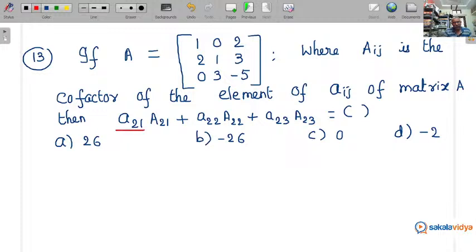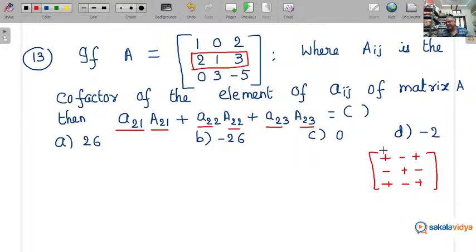So a21 into capital A21, a22 capital A22, a23 capital A23. So a21 means 2; we consider 2 into its cofactor plus 1 into its cofactor plus 3 into its cofactor. Very simple. Remember the sign scheme for cofactors: plus minus plus, for the second row minus plus minus, for the third row plus minus plus. So for the second row, we start with negative.